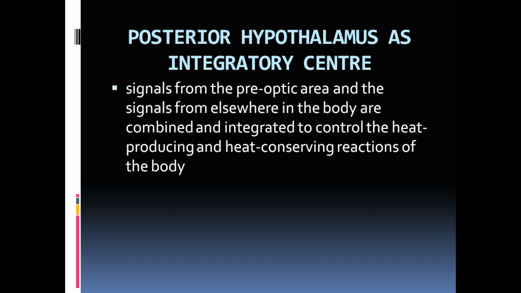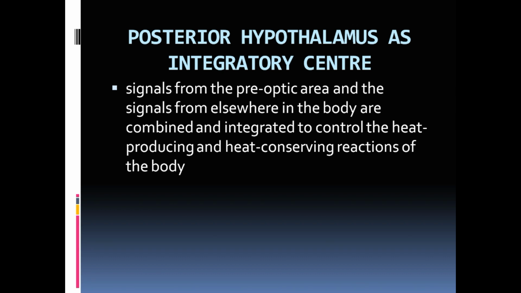On the other hand, if there is hyperthermia, if the temperature in the body is rising, the sensation will come majorly through the anterior hypothalamus, and very little from the skin and deep tissues, and this will then be analyzed in the posterior hypothalamus, and the posterior hypothalamus will send the efferents to the effector organs to increase the heat loss mechanisms so that the body temperature can come down.